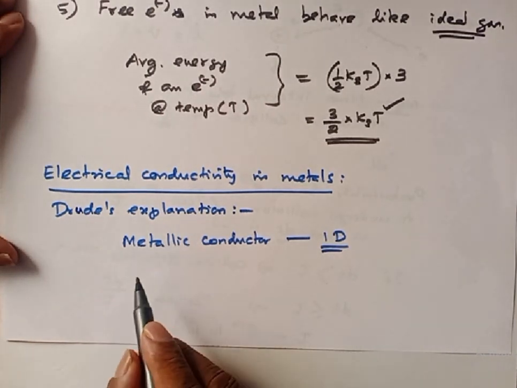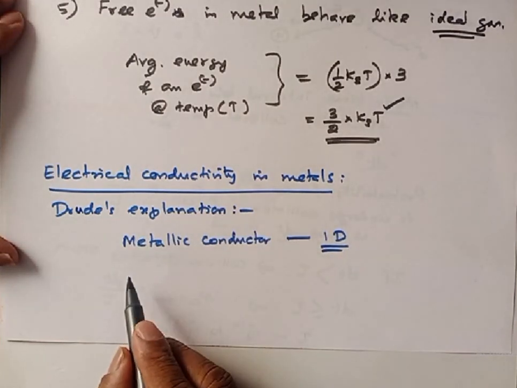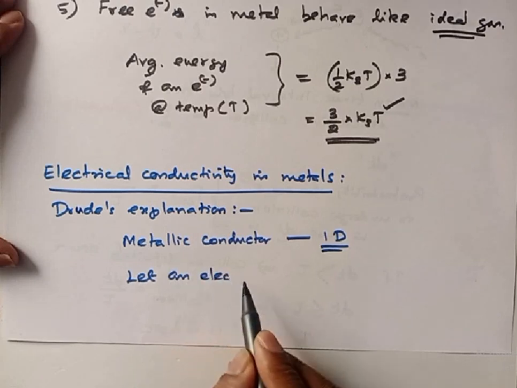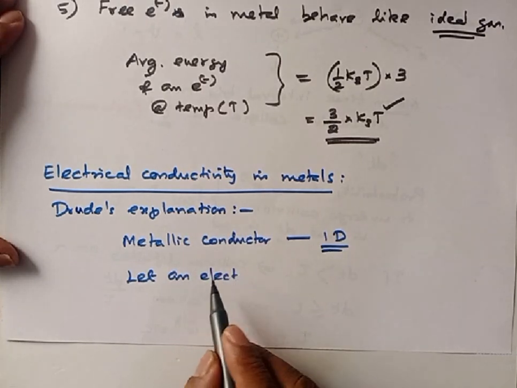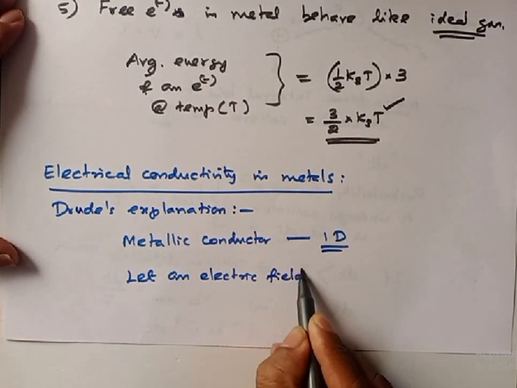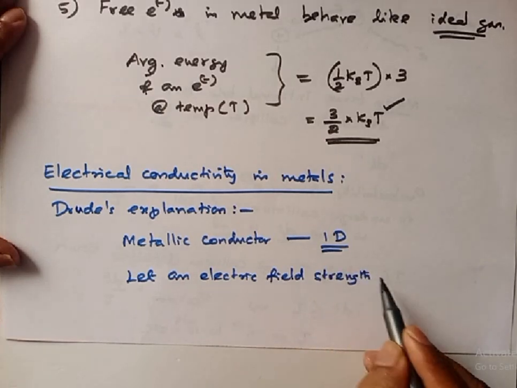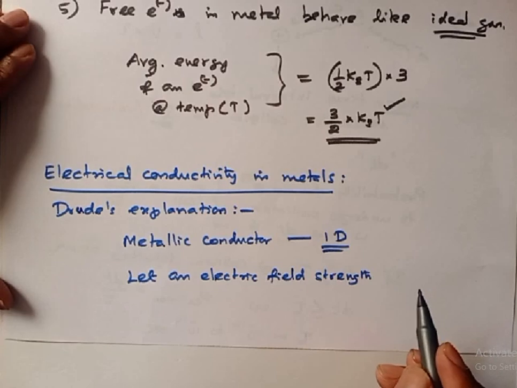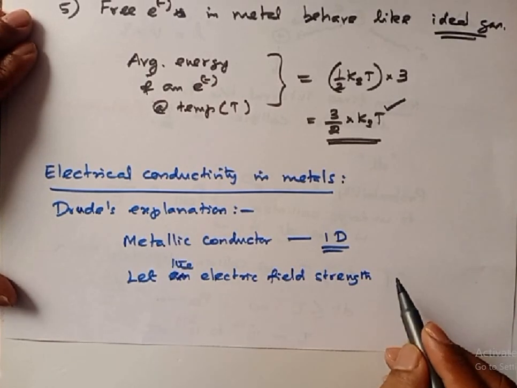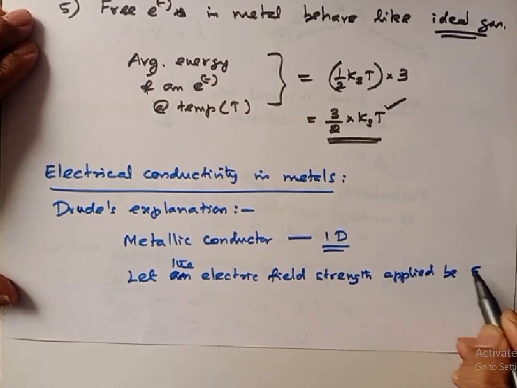Let us apply an electric field epsilon to this metallic conductor. Let the applied electric field strength be epsilon.